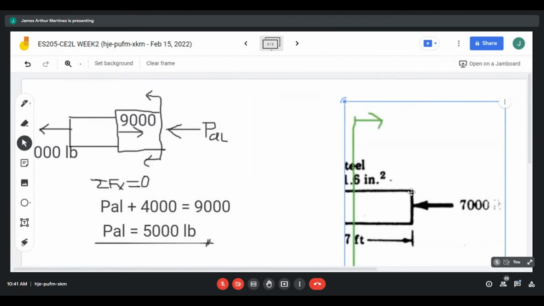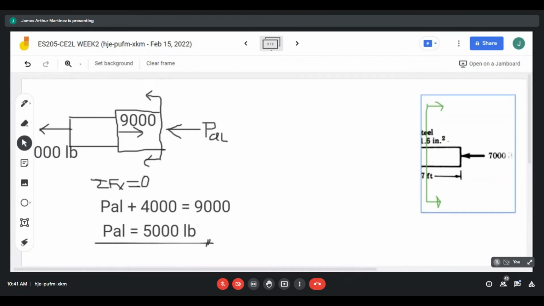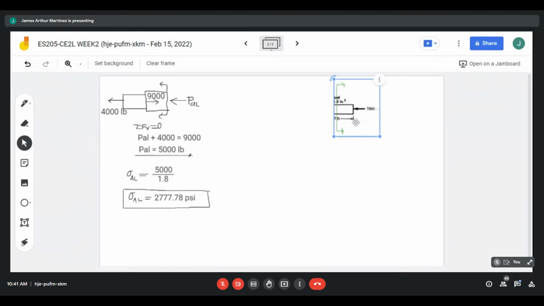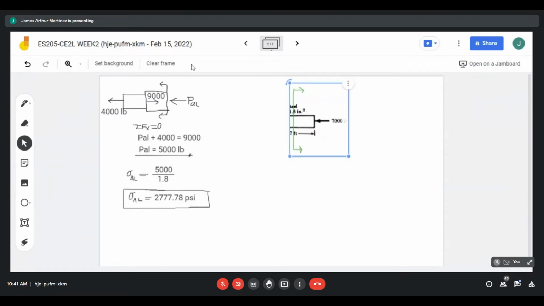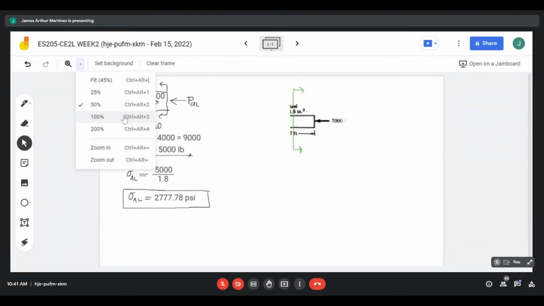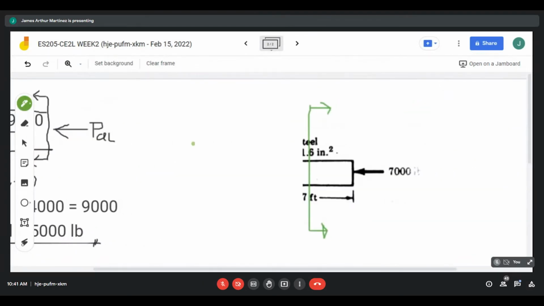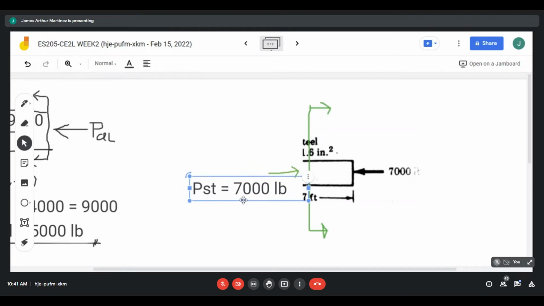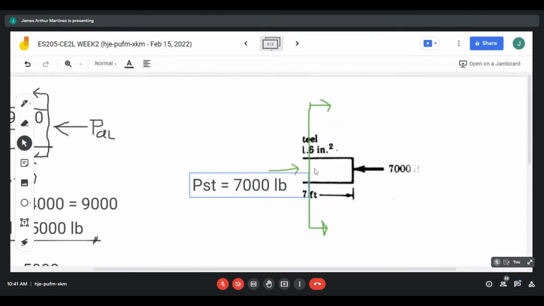I copied the drawing to make it easier. So the internal force or reaction at steel is equal to 7,000 pounds. We designate it as PST.